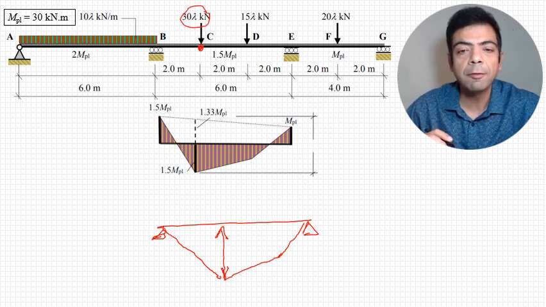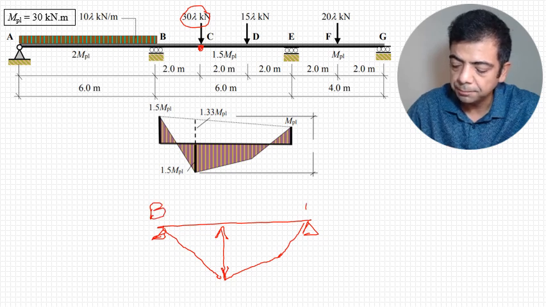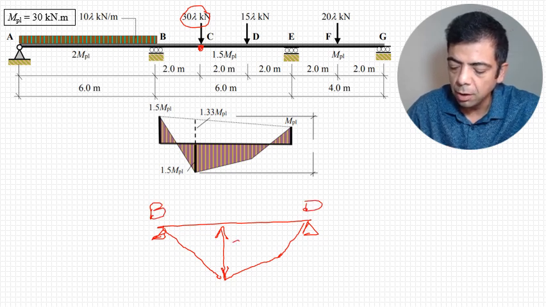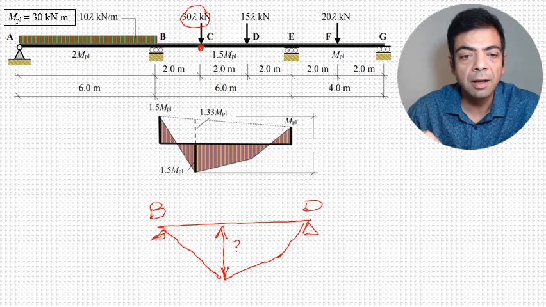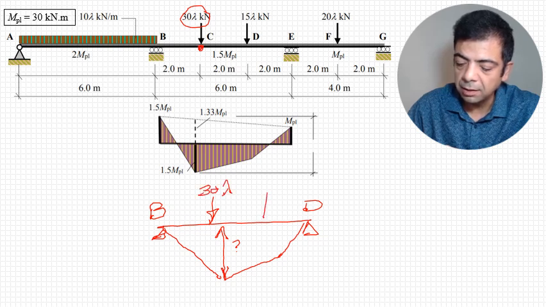Can we figure out for the simple beam BD? Do we know how much is this bending moment? If the load here is 30 lambda and this is 15 lambda?